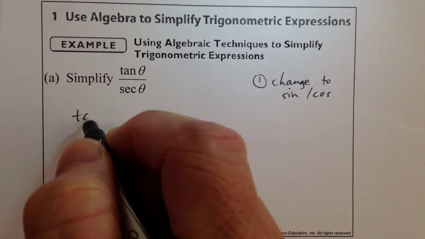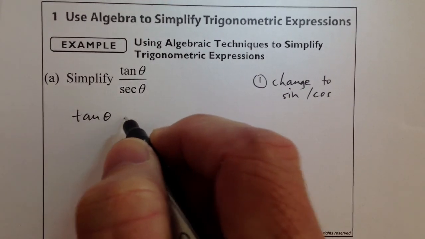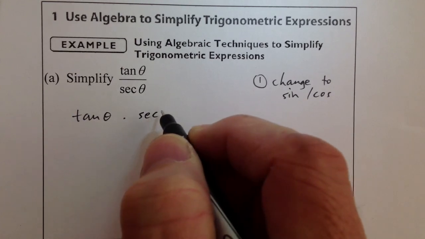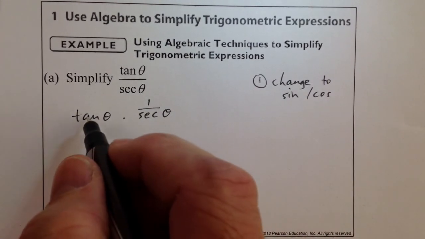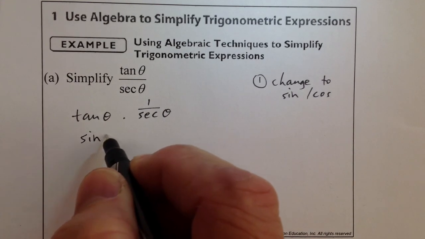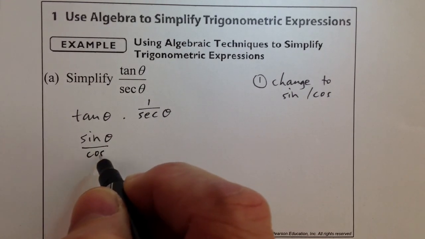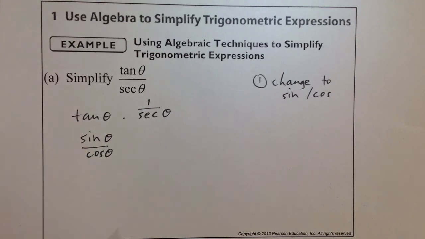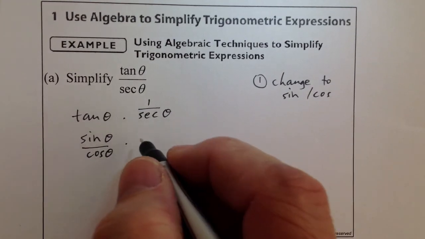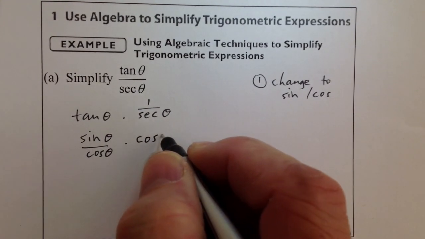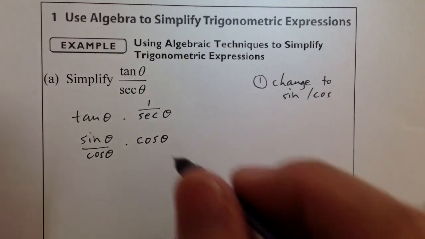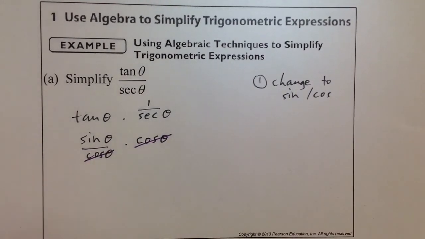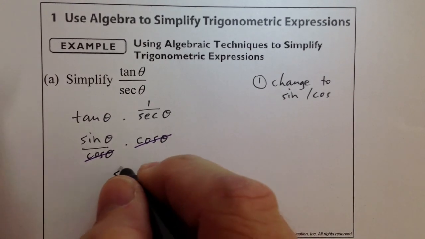So we have tangent of theta times the secant of theta, times 1 over the secant of theta. The tangent of theta, we know that to be sine of theta over cosine theta, and 1 over secant of theta, we know that that is cosine of theta, and obviously we can cancel the cosines, and so we just get the sine of theta.